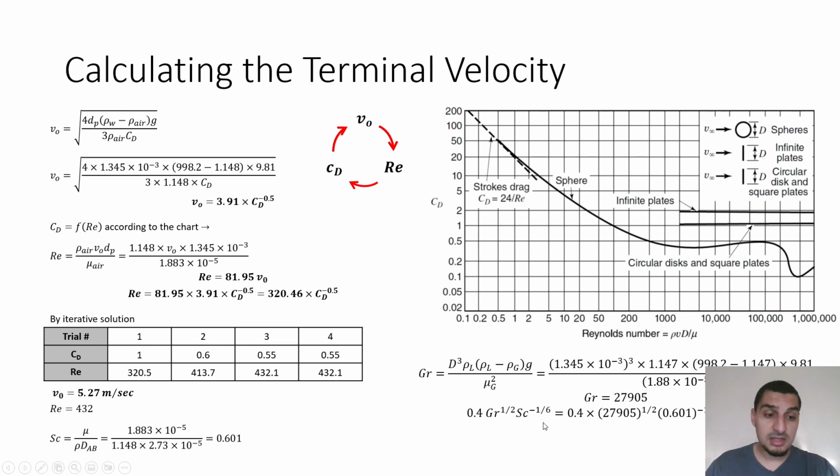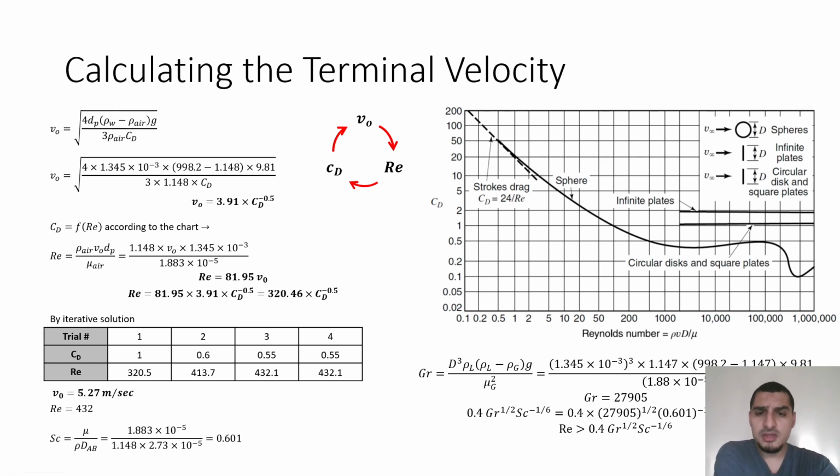You can check this in the PDF file just to make sure that these are the conditions that must be fulfilled in order to use the equation that we're going to use. So if you calculate the Reynolds number and compare it to 0.4 multiplied by this term, Reynolds is going to be larger.